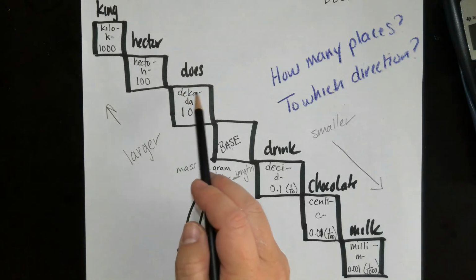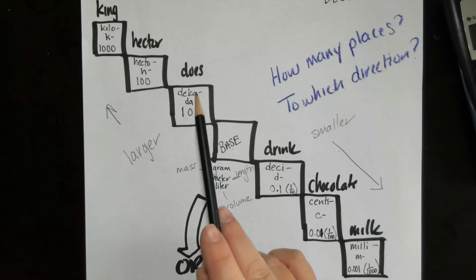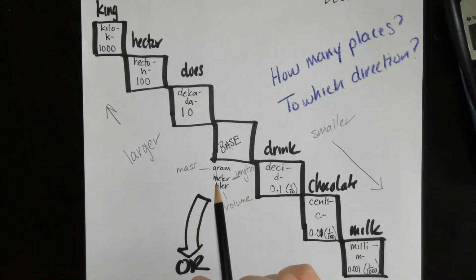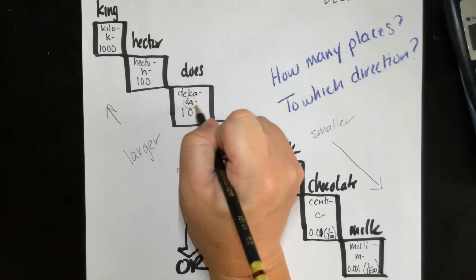Deca, D-E-K-A, which is a prefix, and remember from your biology classes, a prefix is something that comes before another portion of the word. So this will go before one of these base values. So decagram, decameter, decaliter. Okay. The abbreviation is DA.